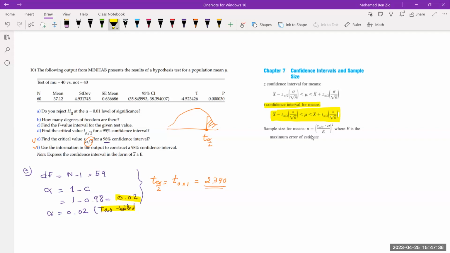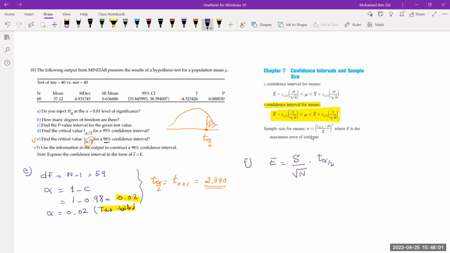Okay, so for F here, we're going to calculate the E first. So the error first, and that's going to be S divided by radical N and times T alpha over 2, right? And we have all the values here, so we can plug the mean right away.